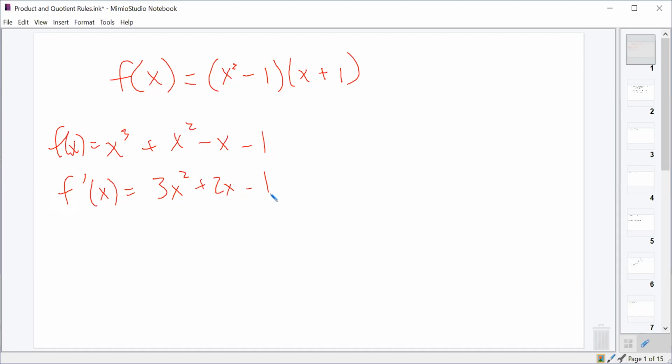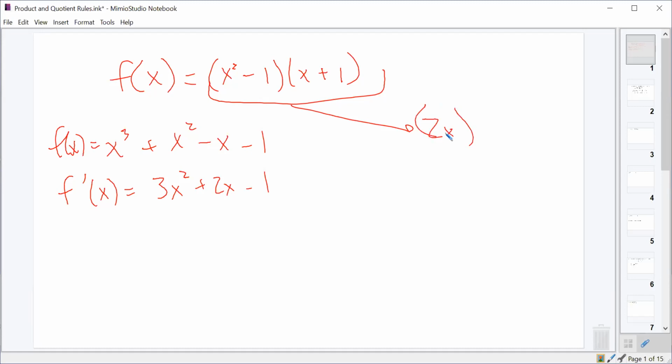All right. So if we were to try to use that other method where we said, well, take the derivative of x squared minus 1. What's the derivative of x squared minus 1? 2x.